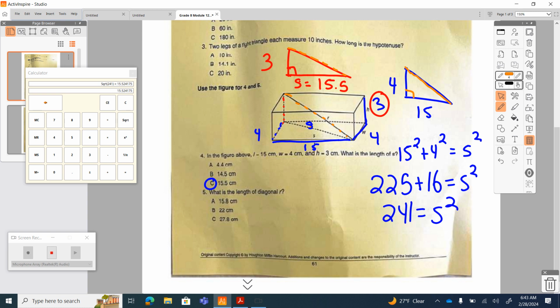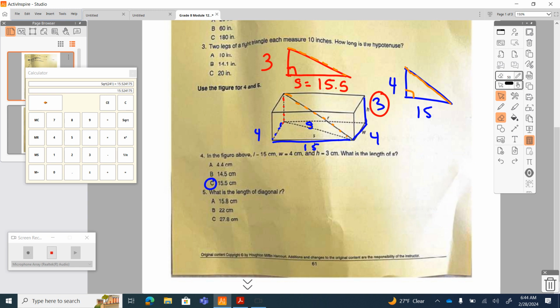Okay, so I'm going to erase some of what I have here, and I'm going to use red to help you follow along that this is the triangle I'm now doing. 3 squared plus 15.5 squared equals C squared. 3 squared is 9. 15.5 squared is 240.25.